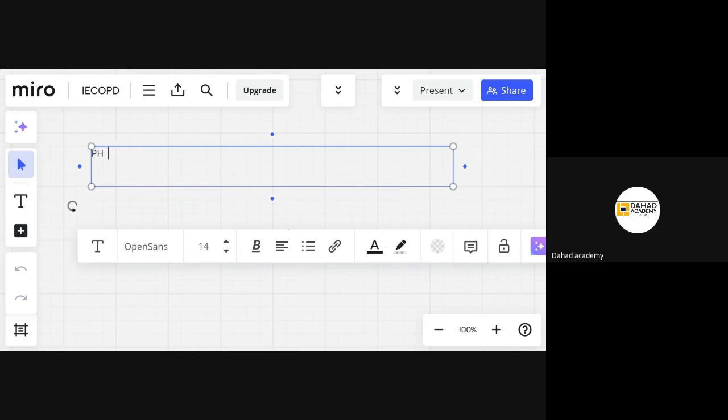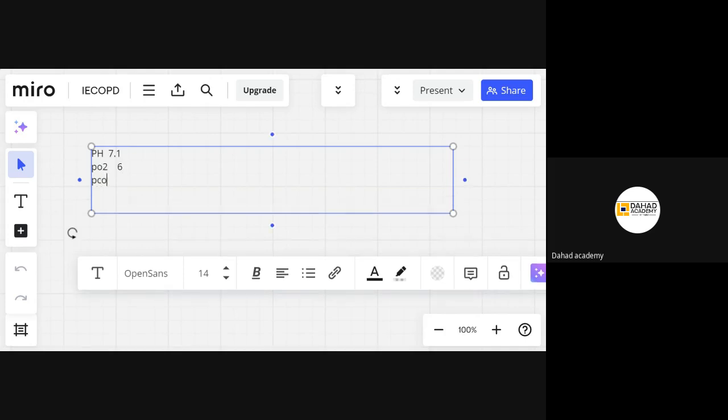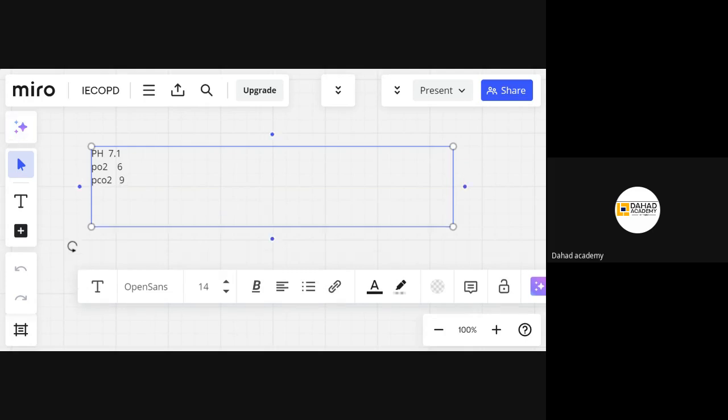You find that the pH is 7.1, the PO2 is, let's say, 6, and the PCO2, let's say, 9. So it is low, low, high.